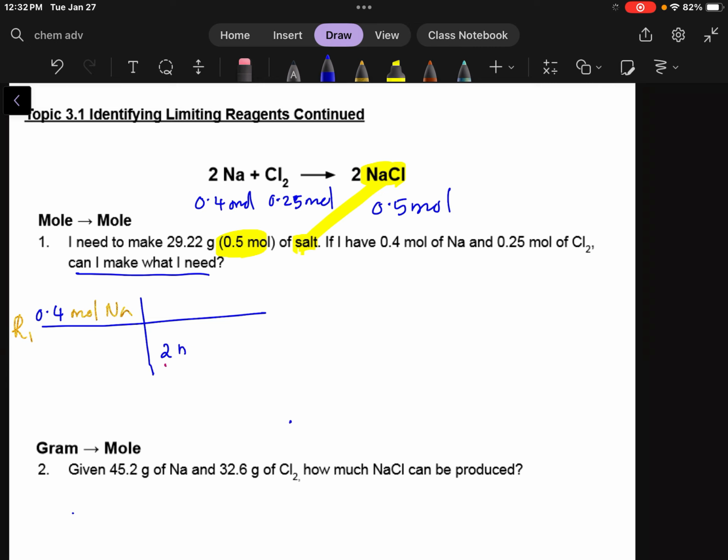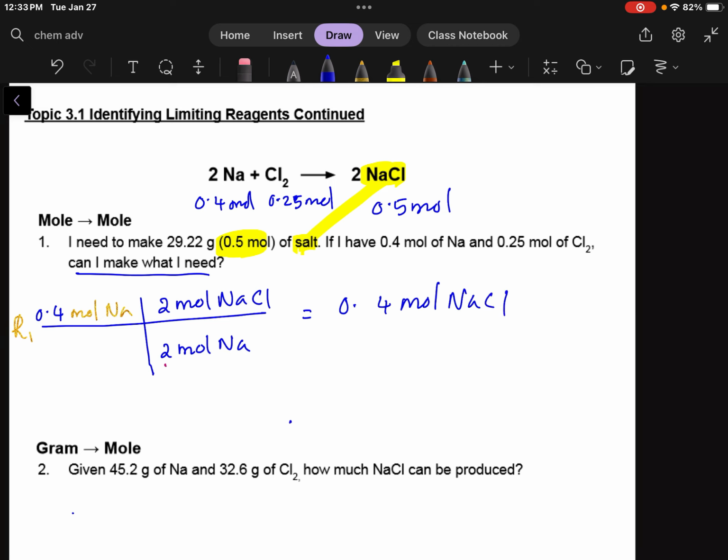According to the equation, 2 mole of sodium will give 2 mole of NaCl. The 2 and 2 will cancel, and you will get 0.4 moles of NaCl.